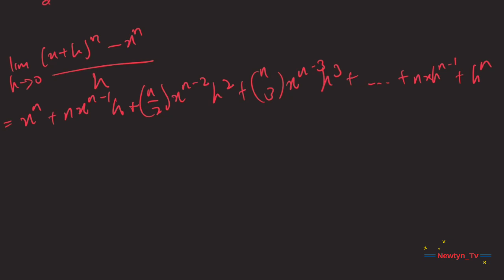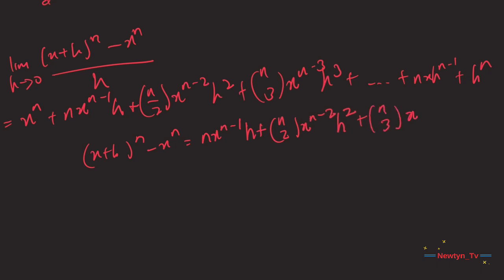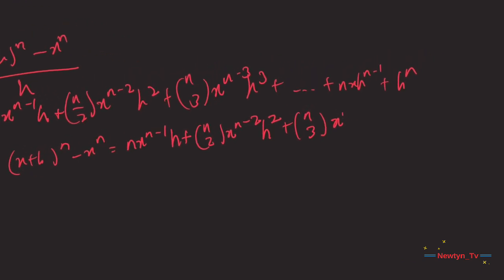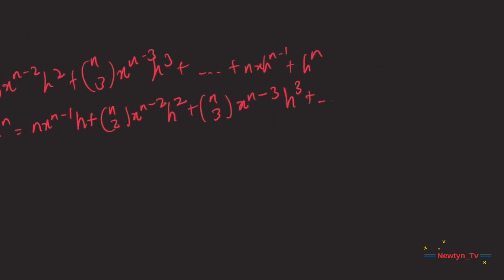So we can see that (x + h)^n - x^n is equal to n x^(n-1) h + (n choose 2) x^(n-2) h^2 + (n choose 3) x^(n-3) h^3, and so on, plus n x h^(n-1) + h^n.